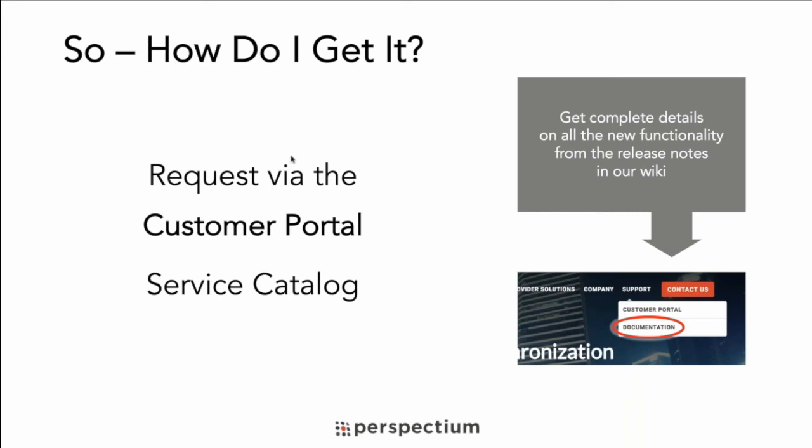Just click on support, and then you'll see the customer portal there. You also see documentation there, and that is where you will click to get complete details on all that new functionality from our wiki. So those are two places that you should go following this webinar, so that you can learn more about Europium.